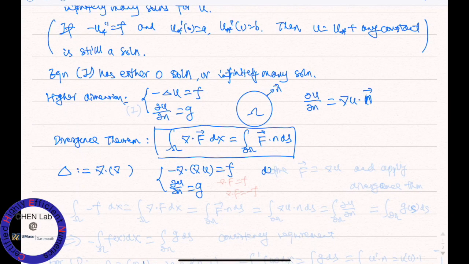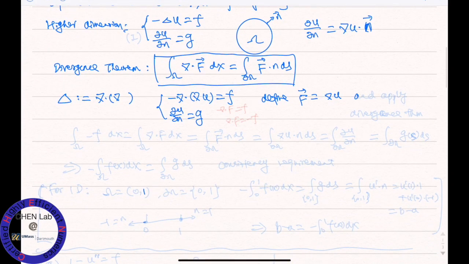So if you define the vector field F above in the divergence theorem as the gradient of u, and apply the divergence theorem, what we get is that the divergence of F we know is negative f.